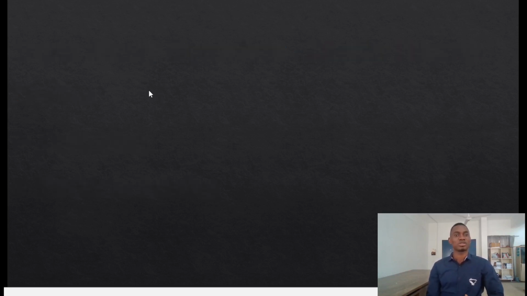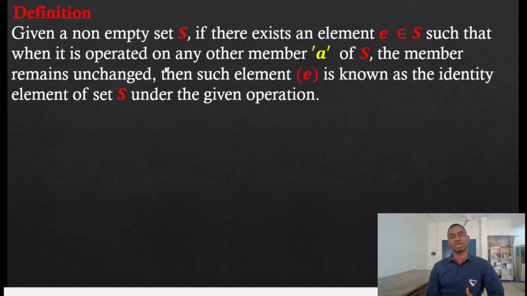Let's look at the definition of identity property of a binary operation. Let's look at the property itself. Given a non-empty set S, if there exists an element E, which is a member of the same set S, such that when it is operated on any other member A of S, the member remains unchanged, then such element E is known as the identity element of set S under the given operation.